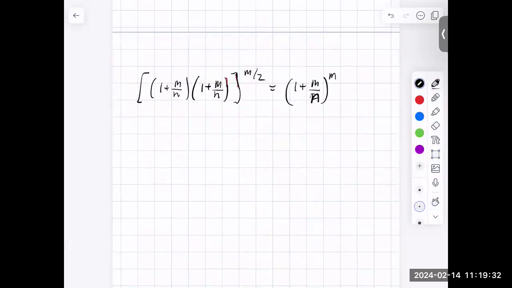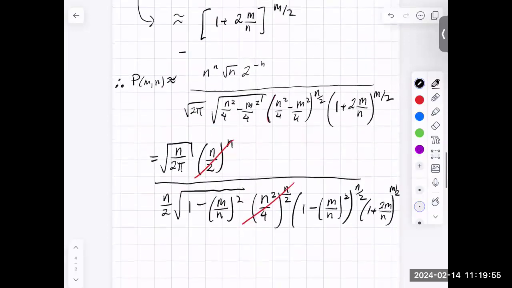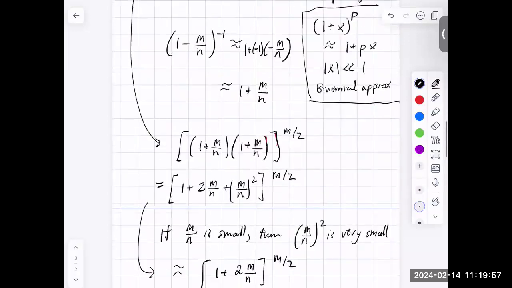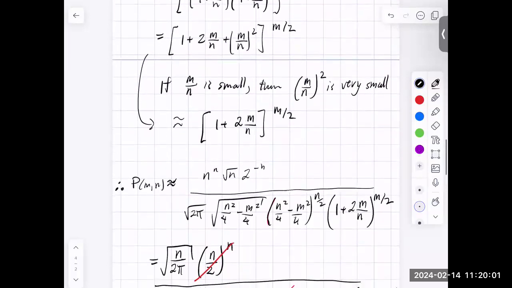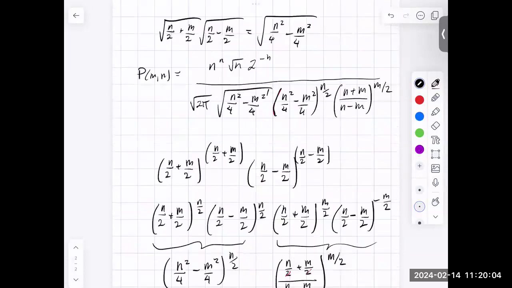Then if we did the small approximation, this would be approximately 1 plus m over n, which is 1 plus m squared over n, which is a little different than what we ended up getting.